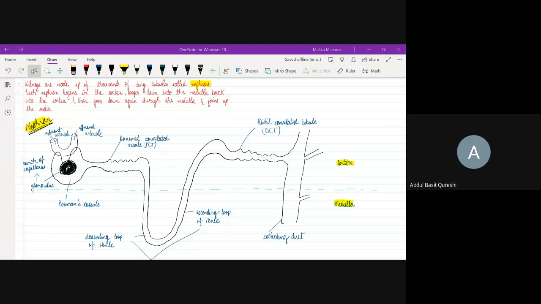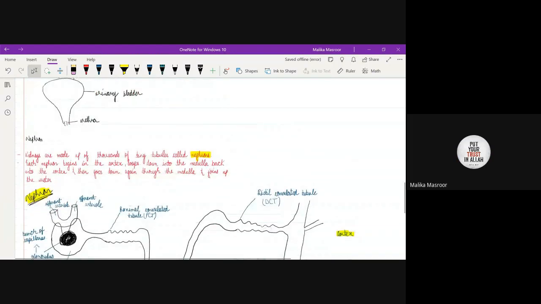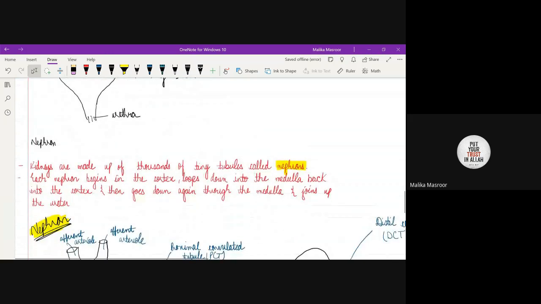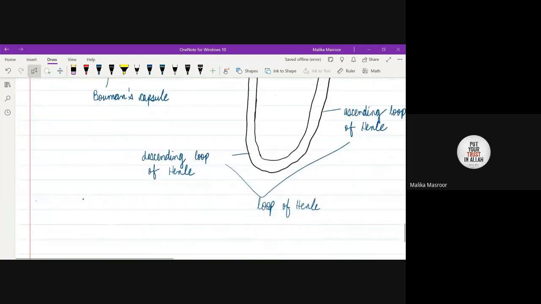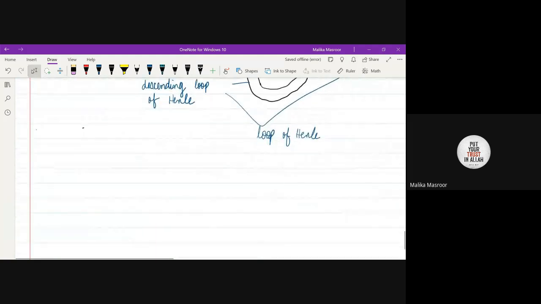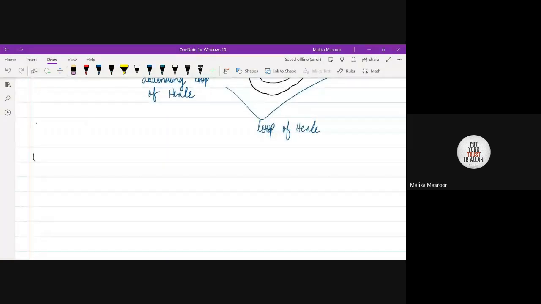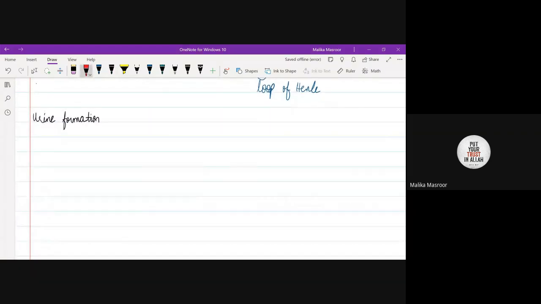Yes, miss. Okay, great. Now let's talk about urine formation. Okay. So in urine formation, blood flows into the kidney from the renal artery.